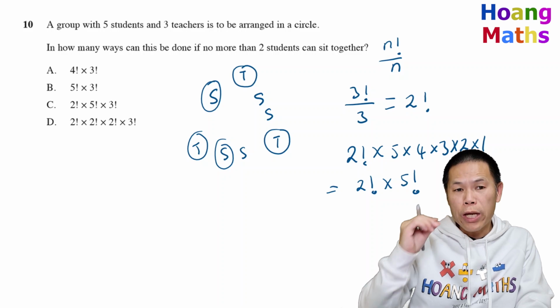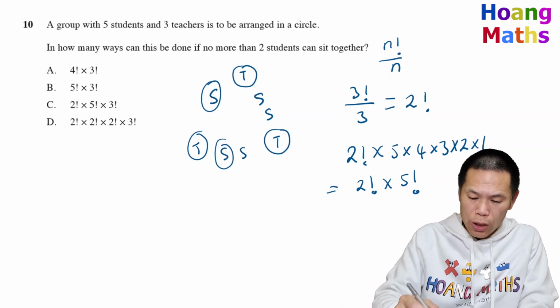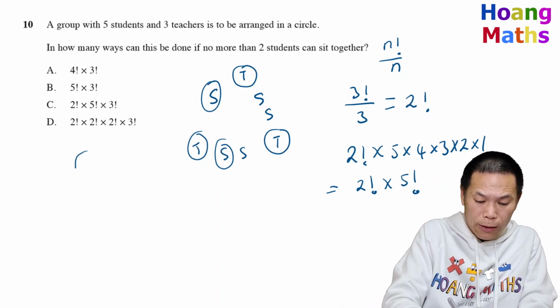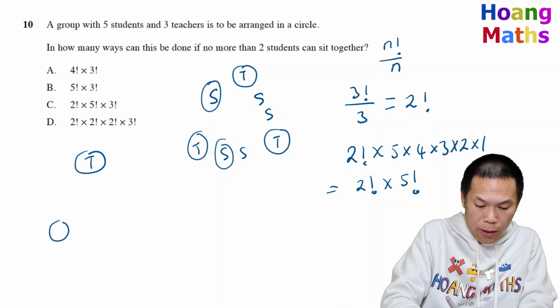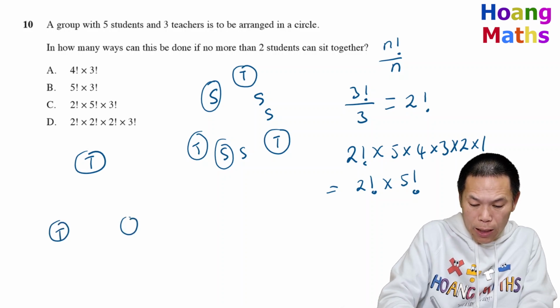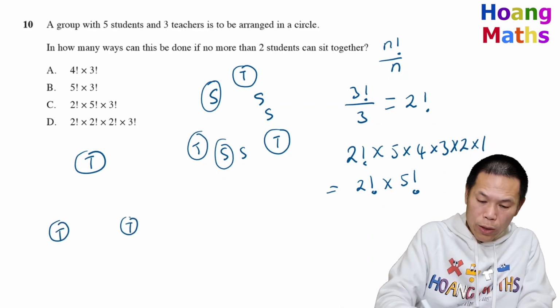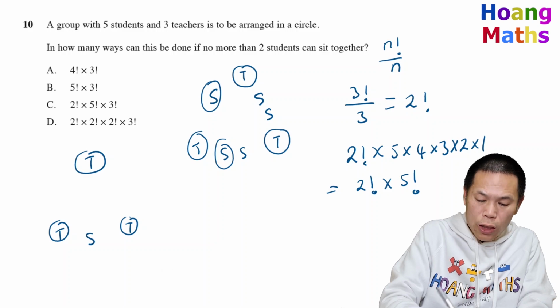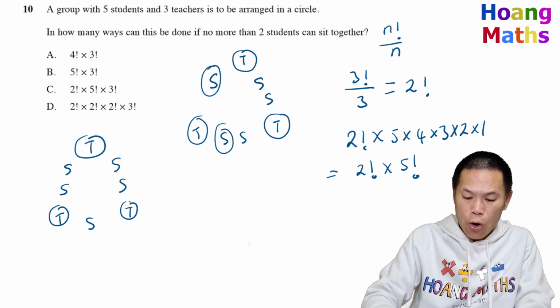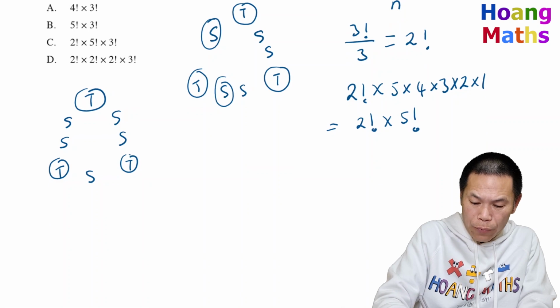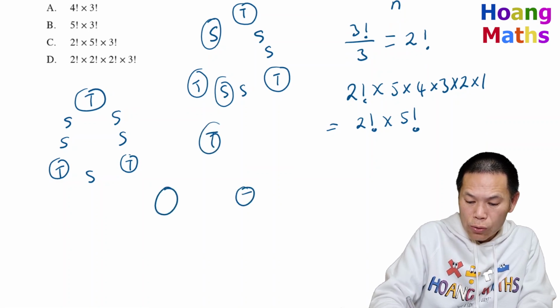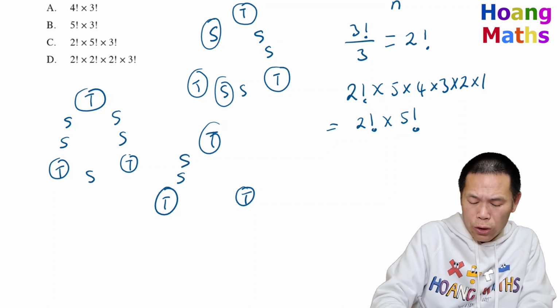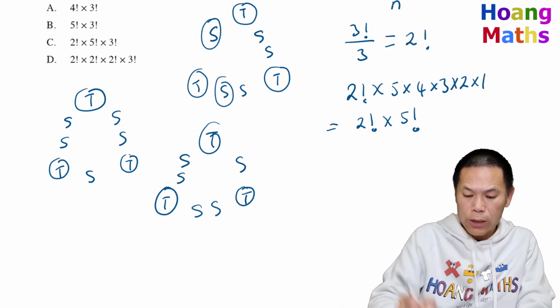But we can have more than 1 option. We can also have teacher, teacher, teacher here, with a student here, 2 students here, and 2 students here. Or we can have teacher, 1, 2, teacher here, with 2 students here, 2 students here, and 1 student here.